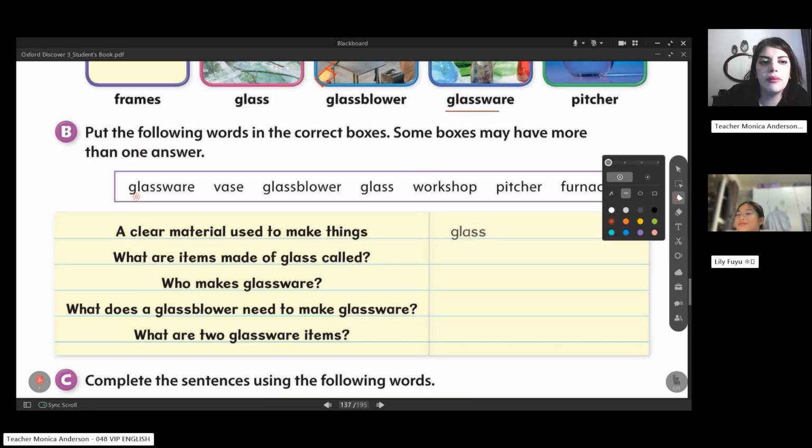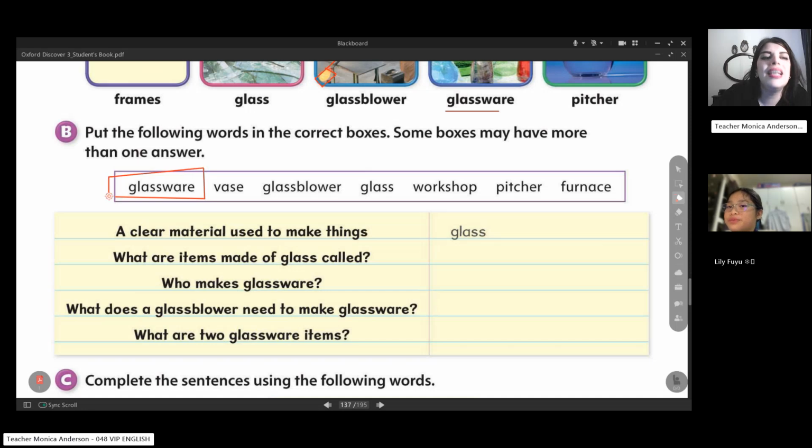Glassware, of course. And who makes glassware? The glass blower, of course.